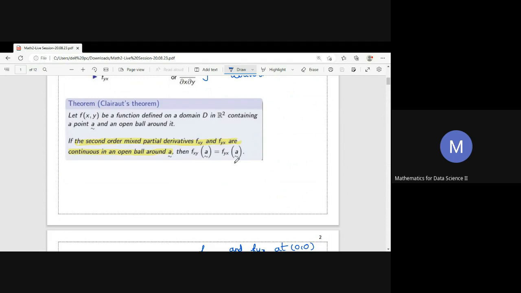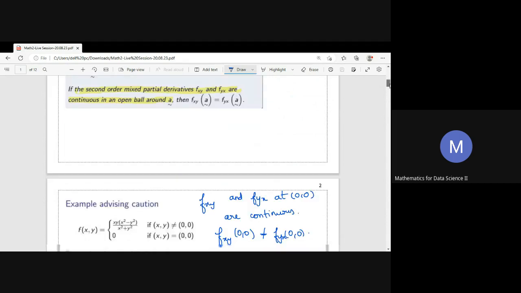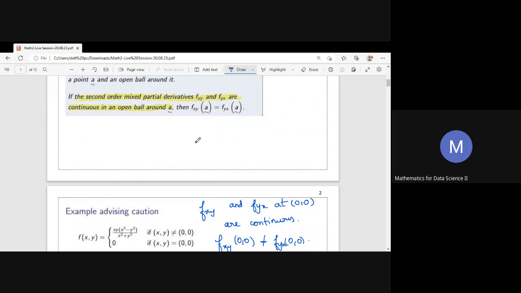I saw some example, but I'm not sure how far it is true because I have not verified it. The function was something like sine of 1 by x. There can be several other examples also. You can verify whether the converse is not true for this function. But anyway, the converse is not true for sure.